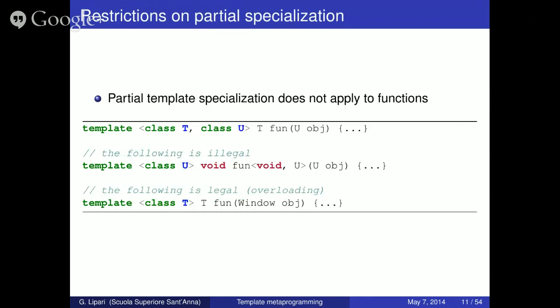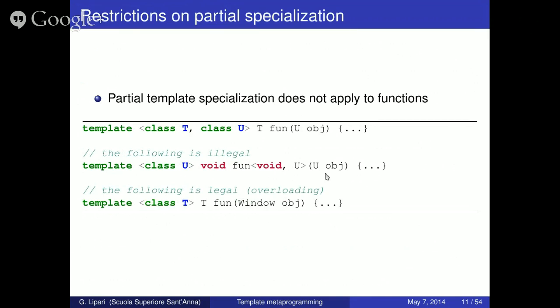Another thing to know is that partial template specialization does not apply to functions. So on functions, you cannot do partial. For example, this one is a function that takes a parameter of type U, an object of type T. Suppose you want to specialize on T and write like this.